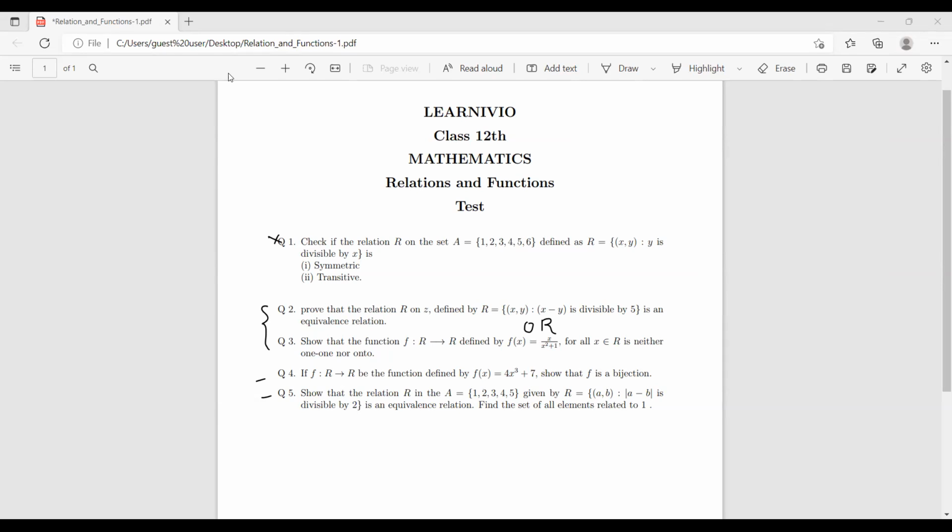Sir, Fahd, are you saying something? Yes, sir. What do you have to do at the last part to find the set of all elements?